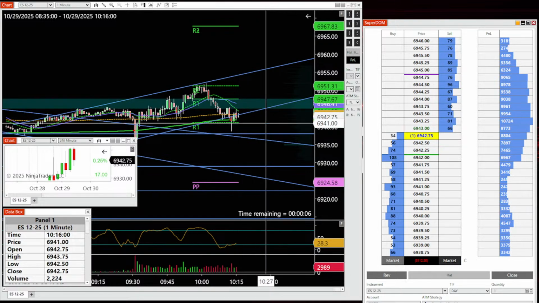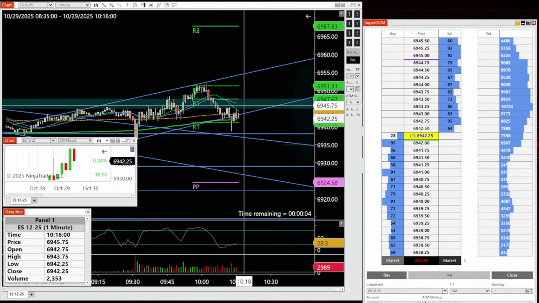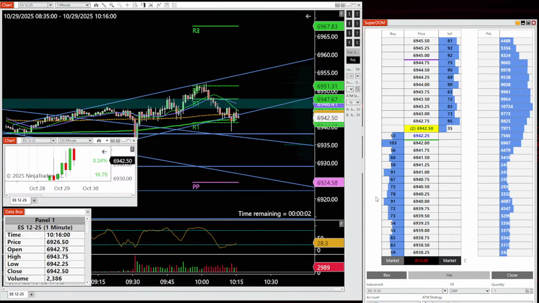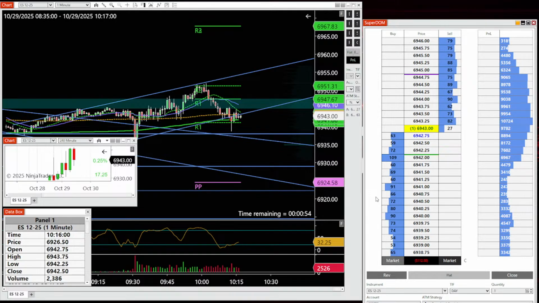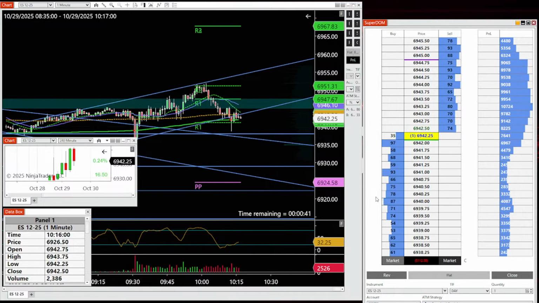Don't like this area between 42 and 50. Don't want to trade this area. Maybe a minute before we see another trade.